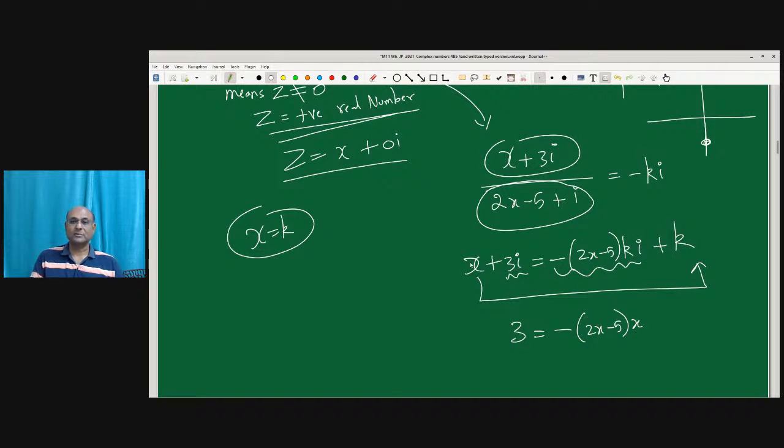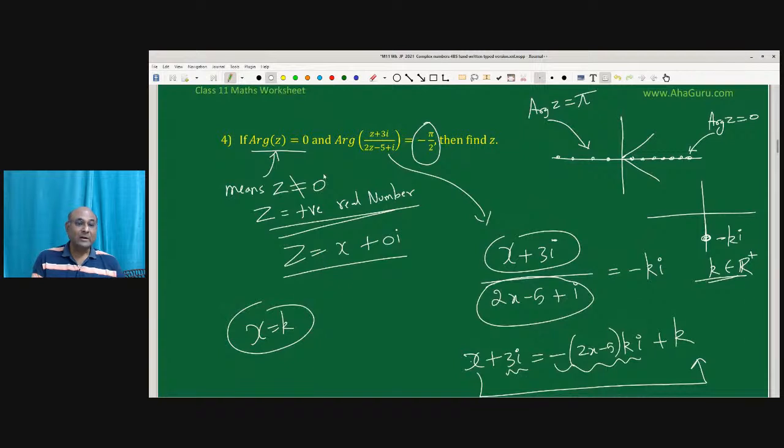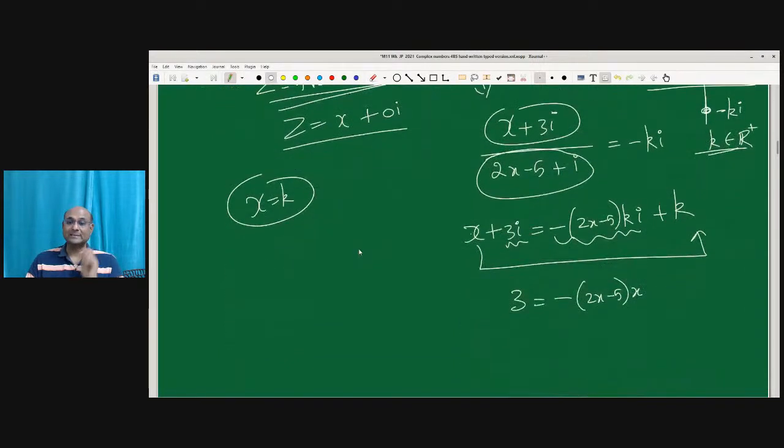This is real, so that must be equal. k is real. K is not just real, it is positive real. So I'm putting R plus. X must also be positive real. So we already know that it must be positive. So k is also positive, x is also positive. The number is minus ki, but x is positive, k is positive.